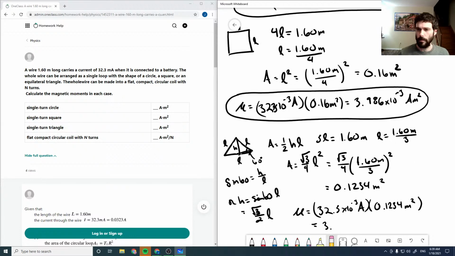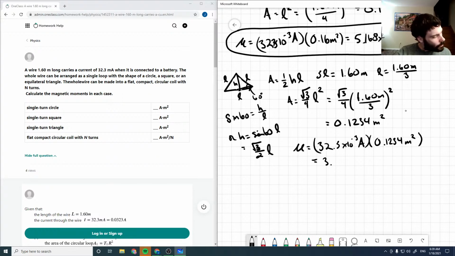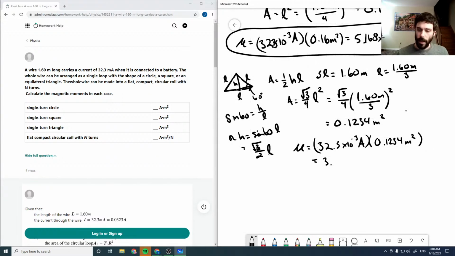So this here actually comes to 5.168 times 10 to the minus 3 amp meters squared. And this one here actually comes to the 3.986.